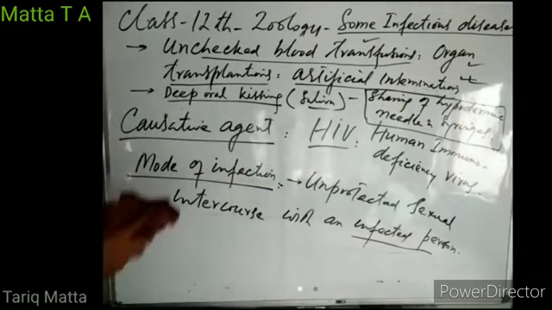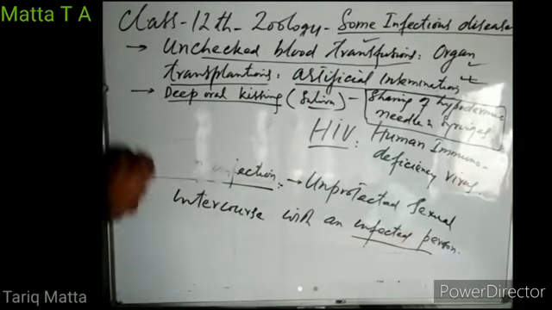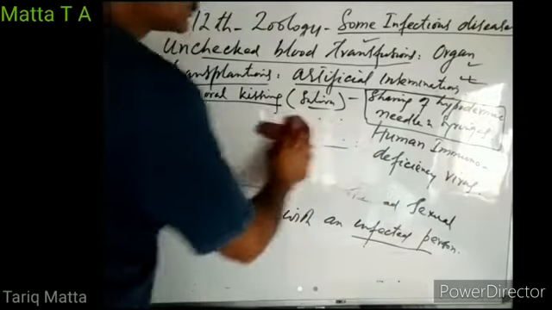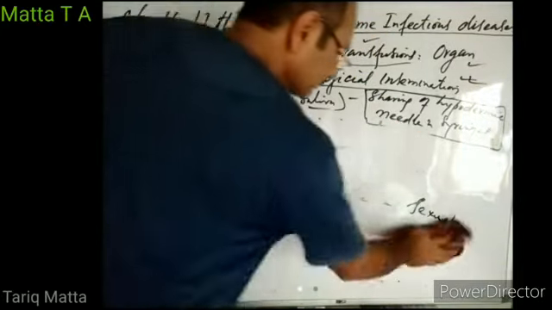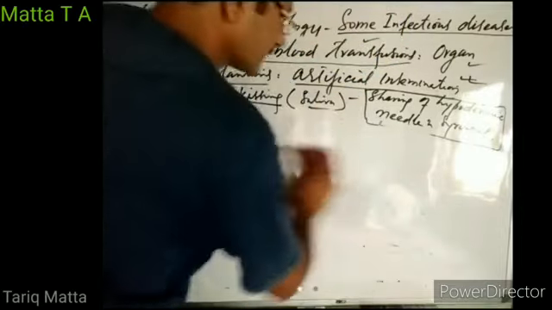The disease may be spread from an infected mother to her offspring, to her baby. How? A mother may also infect her baby.